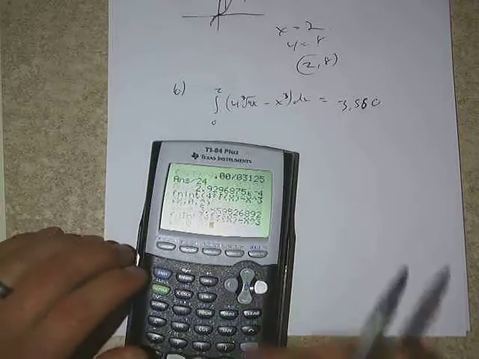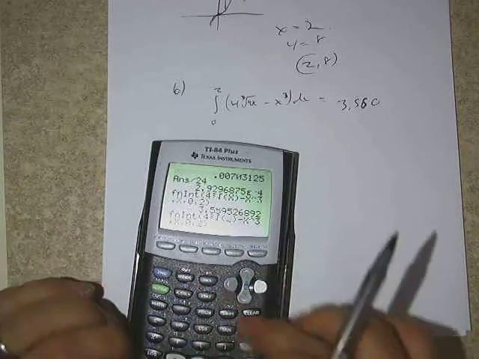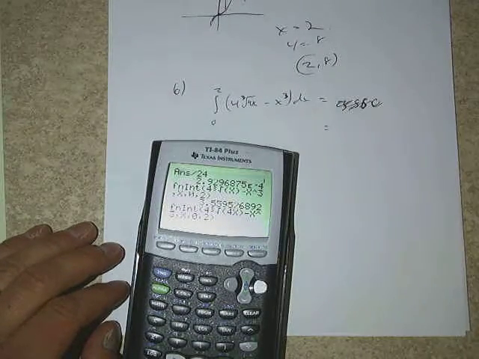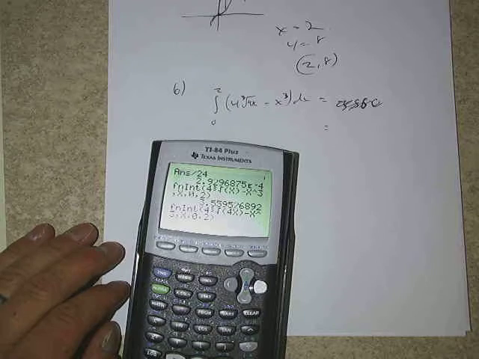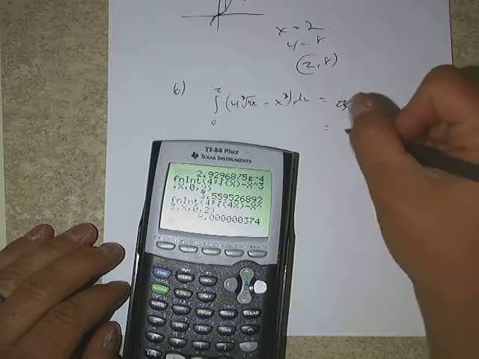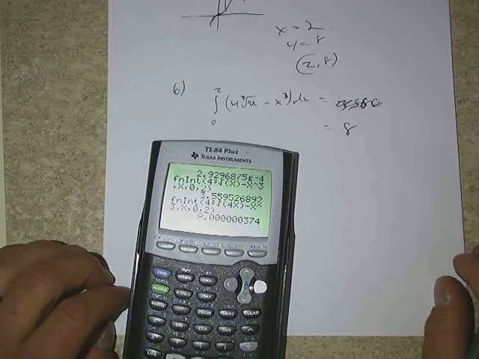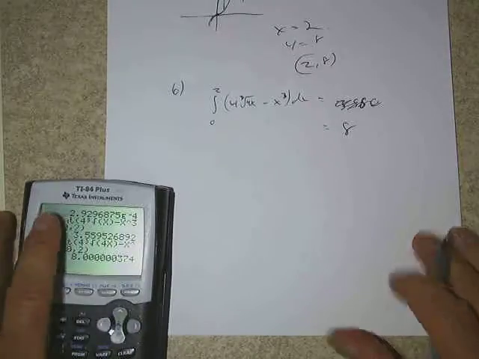Oh, cube root of x instead of 4 cube root 4x. Oh, you're right. Thank you. Fix that. There we go. So not 3.560, it should in fact be bigger than that, I would expect. Yep. So ultimately 8.